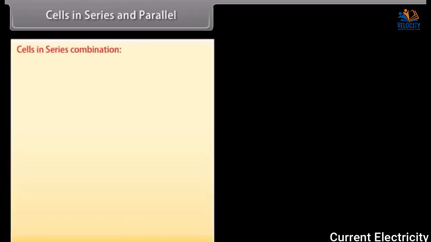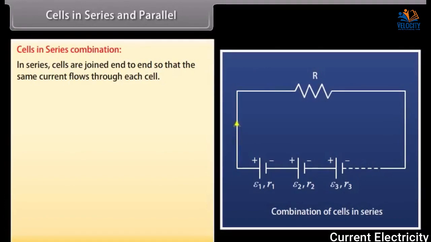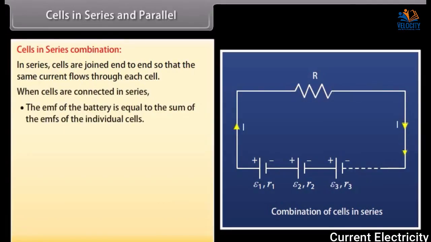Cells in series and parallel. Cells in series combination. In series, cells are joined end to end so that the same current flows through each cell. In ordinary series connection, the positive terminal of one cell is connected to the negative terminal of the second, the positive terminal of the second to the negative terminal of the third, and so on. When cells are connected in series, the EMF of the battery is equal to the sum of the EMFs of the individual cells.